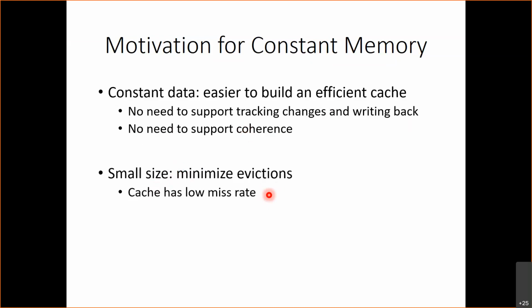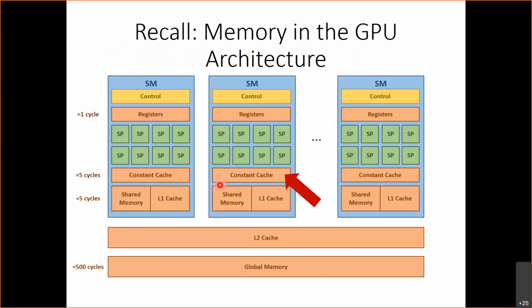And that is why, even though from a programming model perspective all threads have access to the same constant memory, there's actually a constant cache that sits inside of each SM that caches this constant memory, and this constant cache is different from the L1 cache or the shared memory. Is it clear? Any questions?